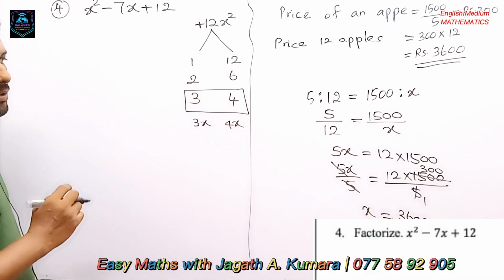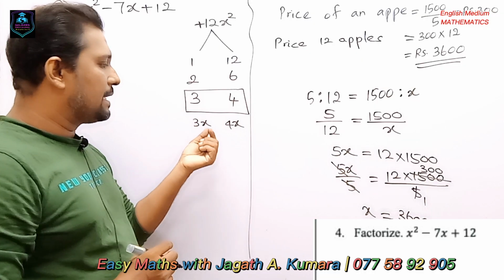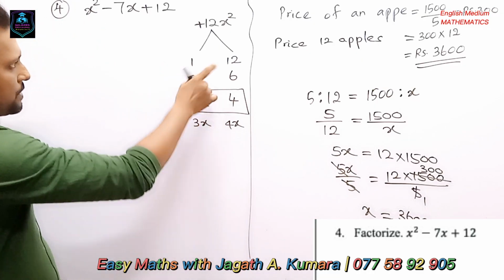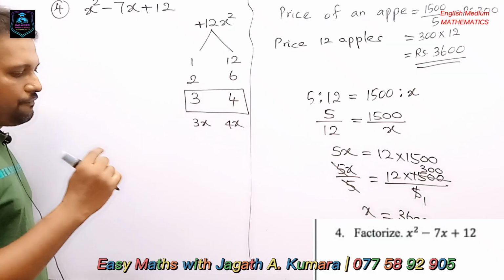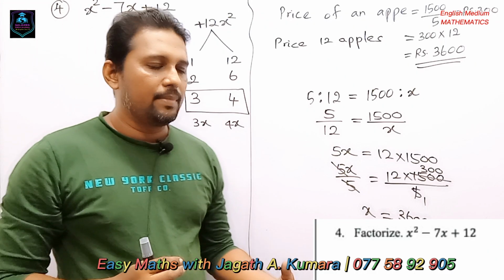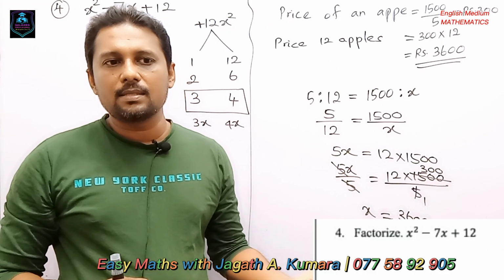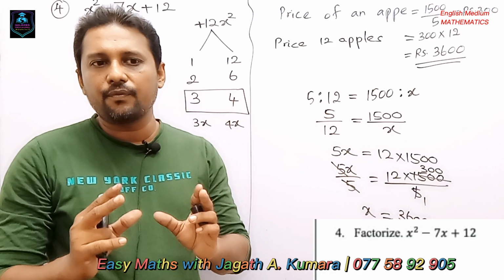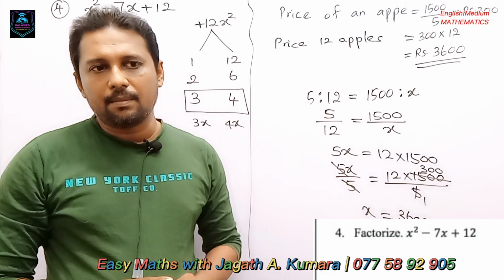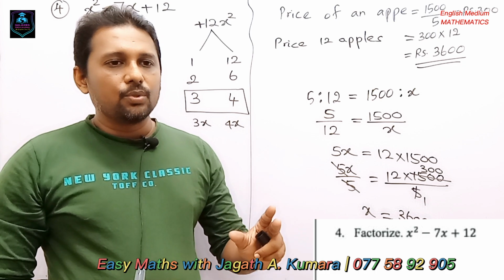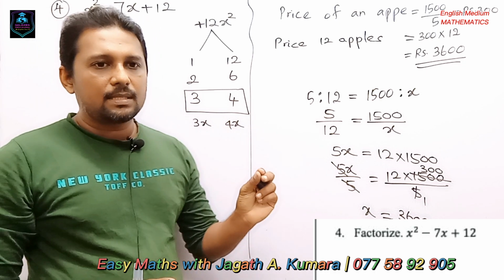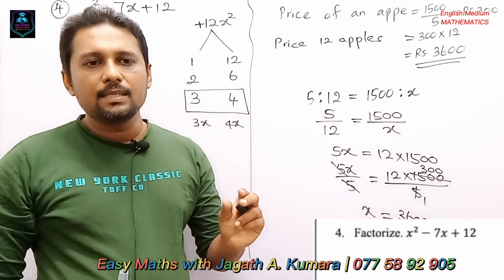Then we also have to check what the suitable signs are for 3x and 4x. The product should be positive. When you multiply directed numbers, by multiplying which type of directed numbers can you get a positive answer? The two directed numbers' signs should be the same sign, no?